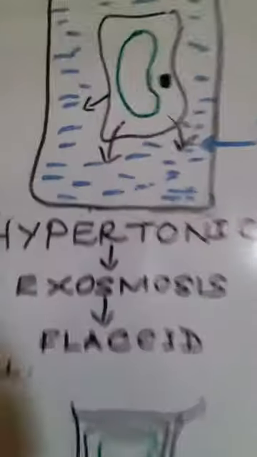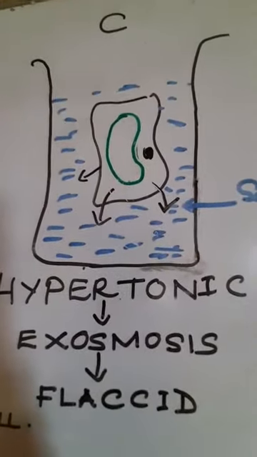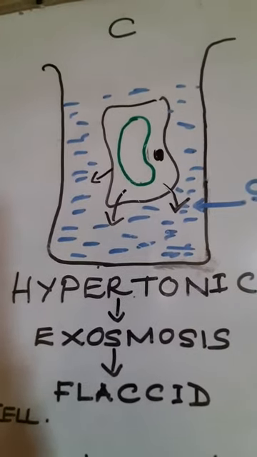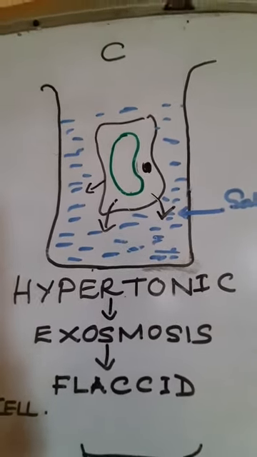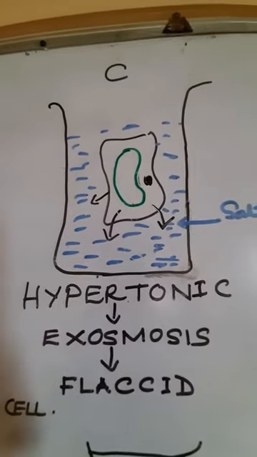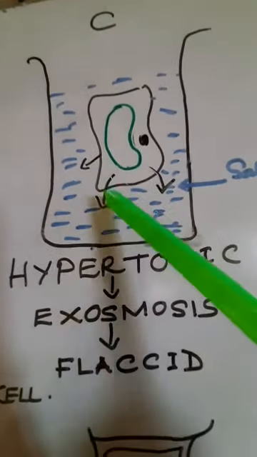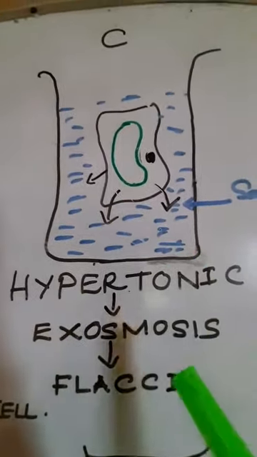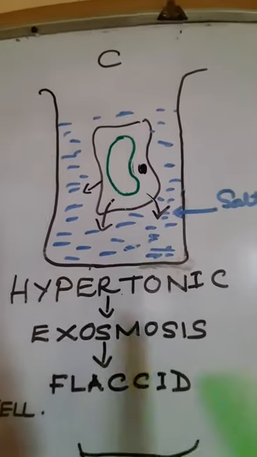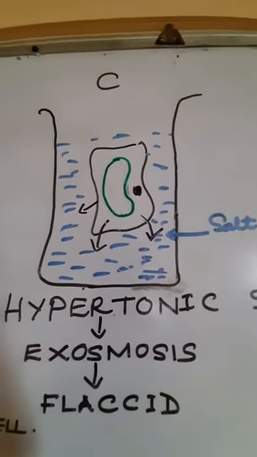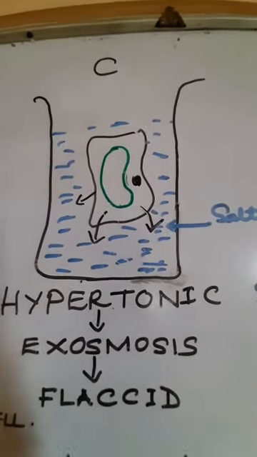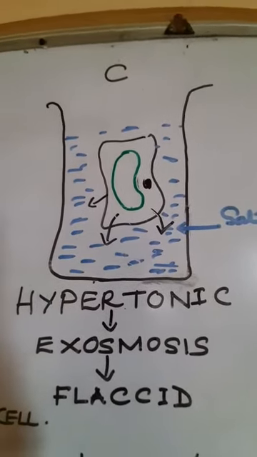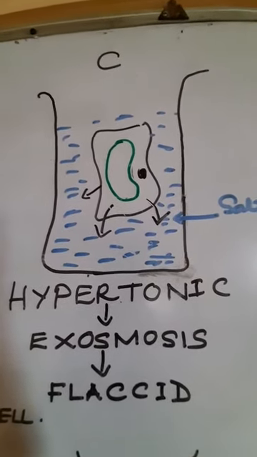When water leaves the cell, it shrivels up. Because water is leaving the cell, that is exosmosis. And when the cell shrivels up, it becomes loose, and that condition is known as flaccid condition or flaccidity. Okay, the cell becomes flaccid, loose.